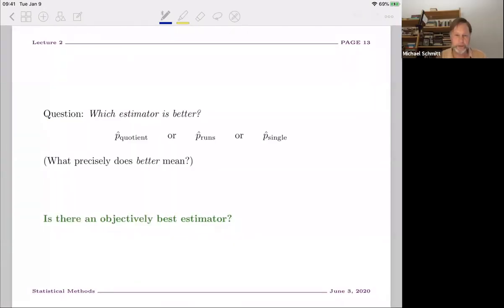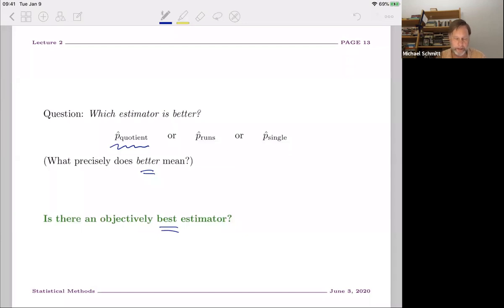All right, so the question is, which is the best estimator? In this case, we simply compared 3, and I argue that P quotient is the best estimator, but we haven't really gone into detail of what better is. And furthermore, we don't know if there is such a thing as a best estimator. Now, I could go on a diversion and explain things about efficiency and robustness, the Cramér-Rao bound.